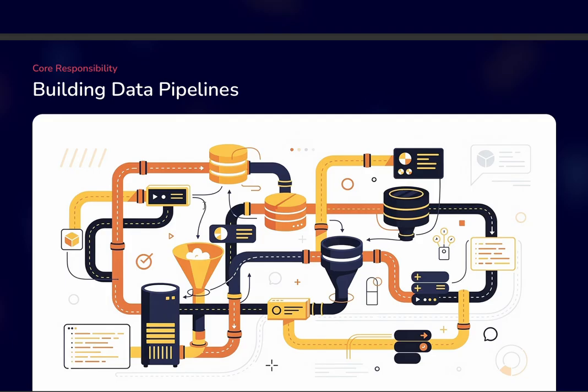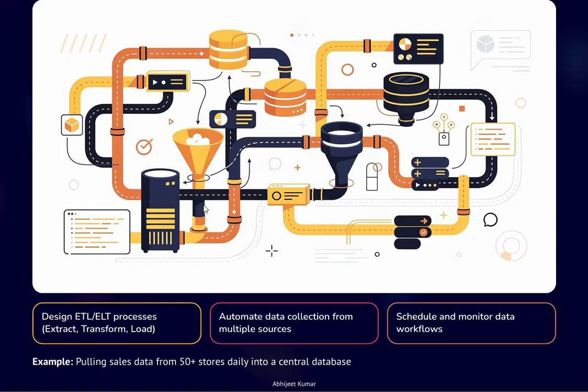Building data pipelines. One of the most important responsibilities of a data engineer is building data pipelines. These pipelines follow ETL or ELT processes. ETL means extract, transform, and load. ELT means extract, load, and transform. Data engineers automate data collection from multiple sources like databases, APIs, and files.